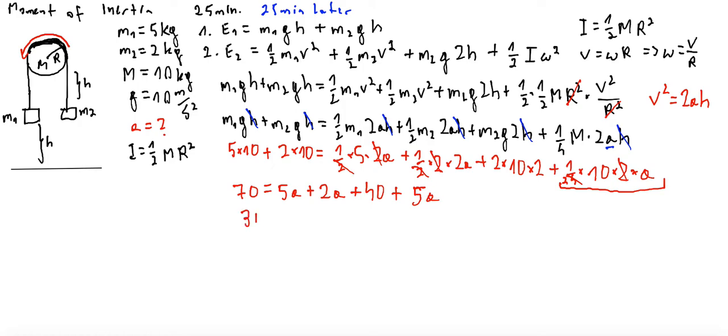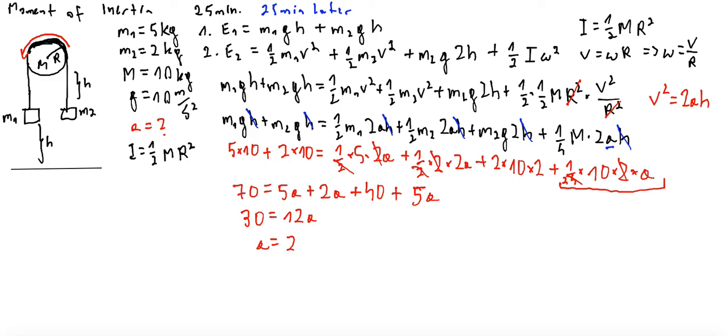So now 30 is equal 7a plus 5a is 12a, so in this case is 30 over 12, which is 2.5. Yes? Yes, 2.5. So acceleration is 2.5.